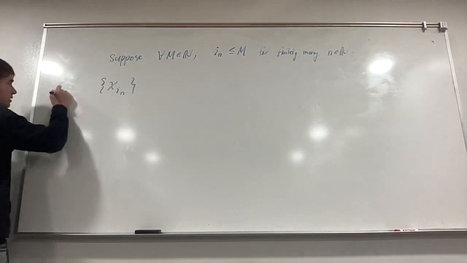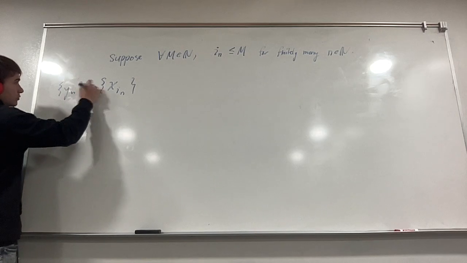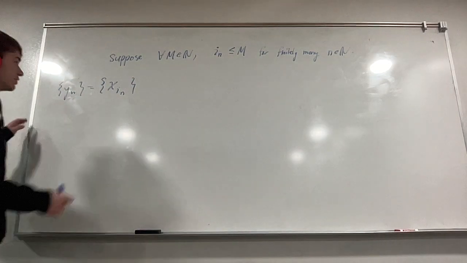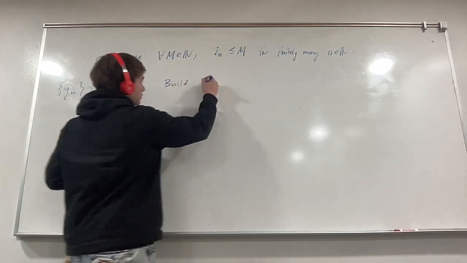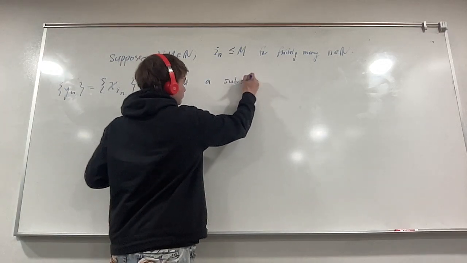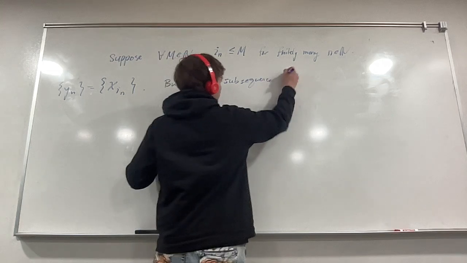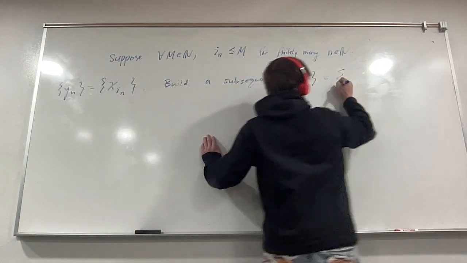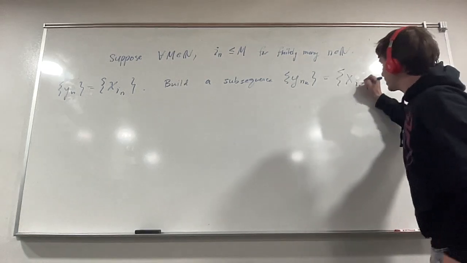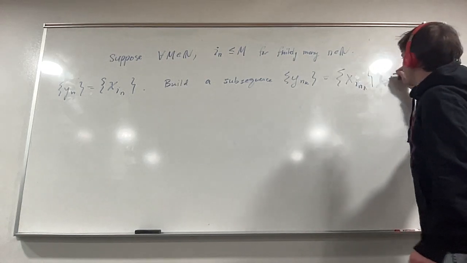This is my sequence y sub n. Okay, and I'm going to build a subsequence y sub n sub k, which is going to be x sub I sub n sub k, which is increasing in index.